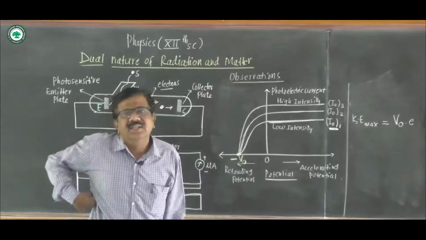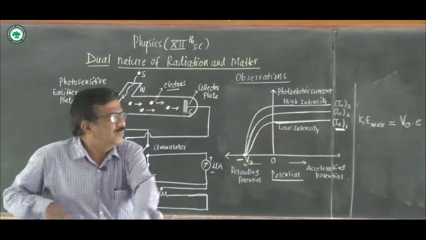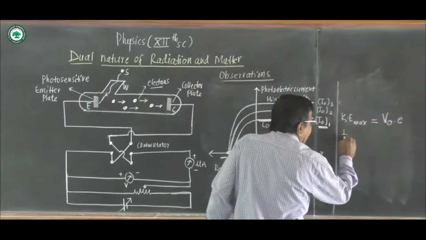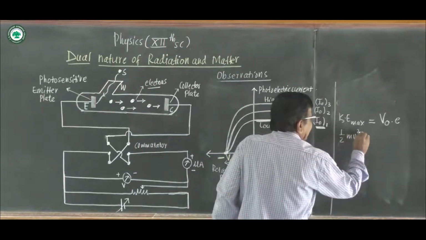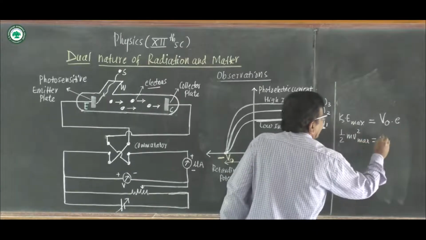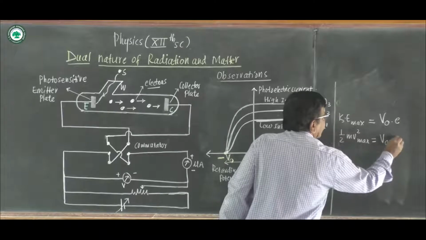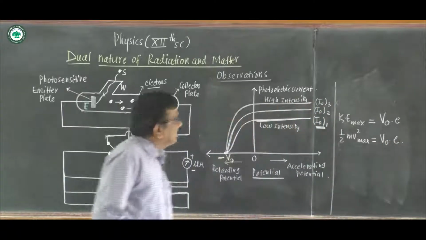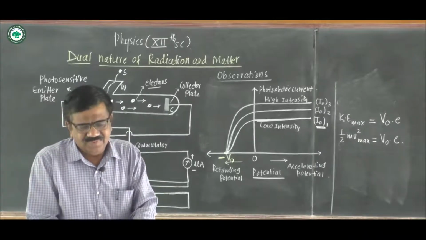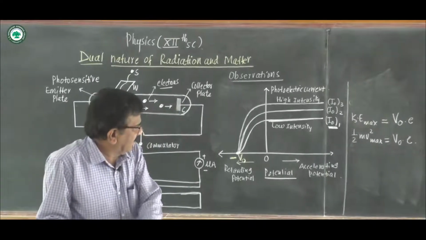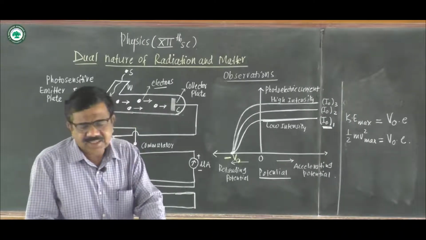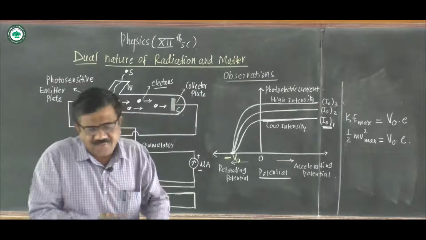Ke max is equal to V0 into e at the stopping potential, or we write it as 1/2 m v square max, where v max is the maximum velocity of the electrons, because at this potential the most energetic electrons are stopped.